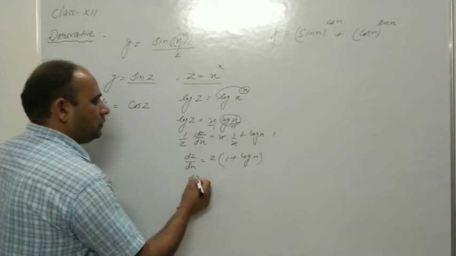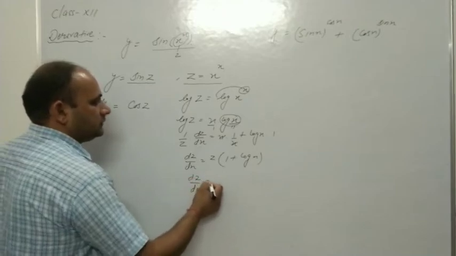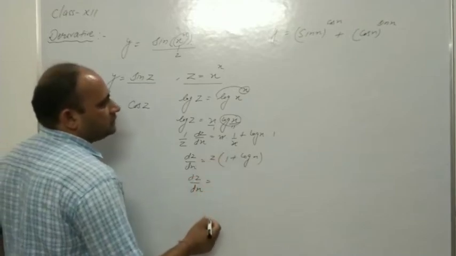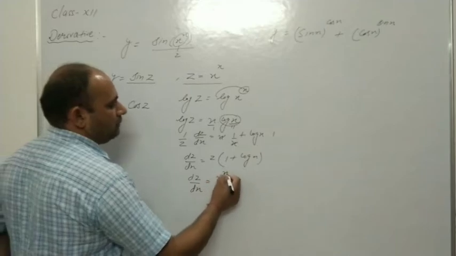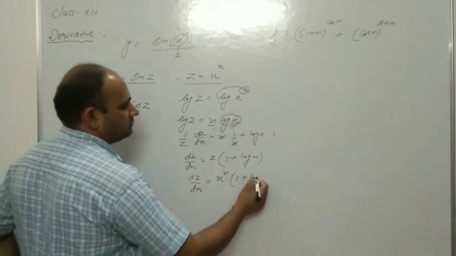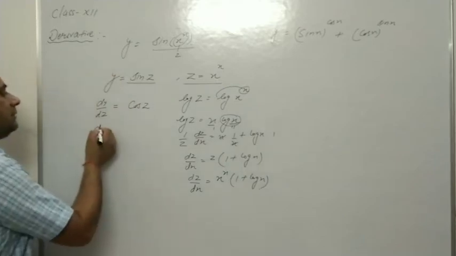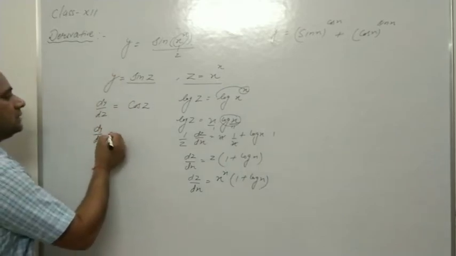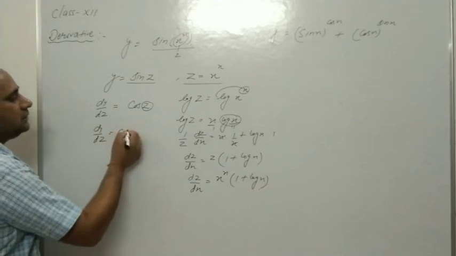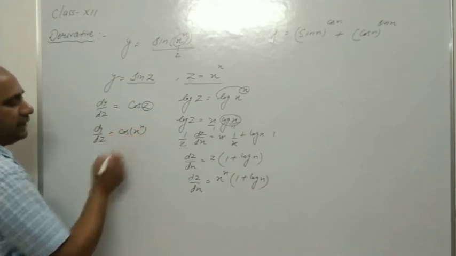Now what is the value of z? The value of z is x raised to the power x. Okay, and here dy by dz is cos z, cos of x raised to the power x.